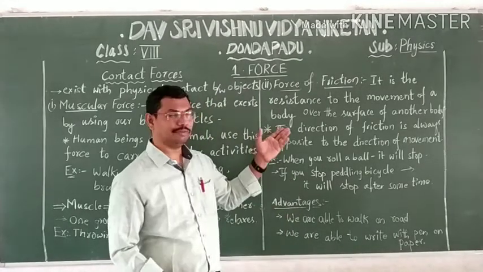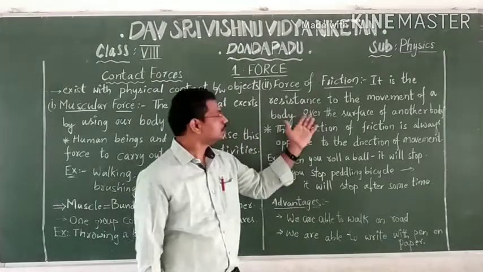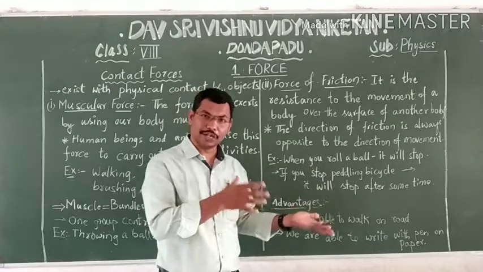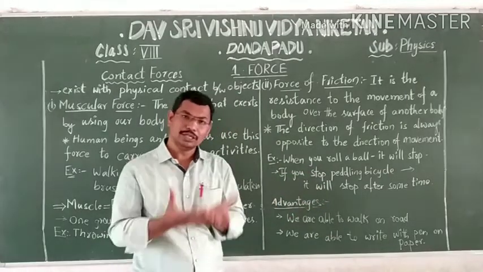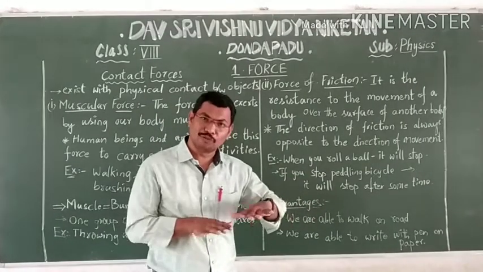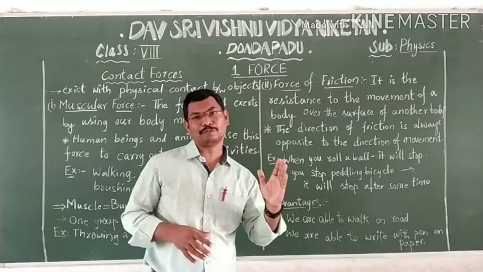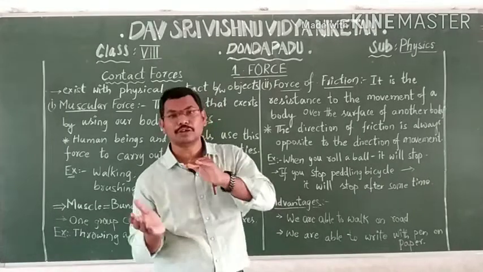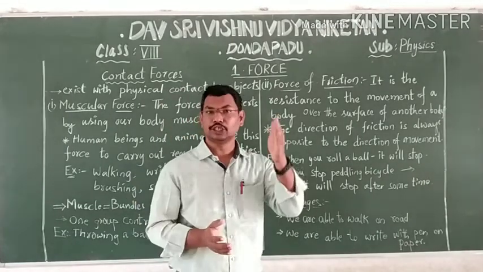So here is the definition: it is the resistance to the movement of a body over the surface of another body. Here the ball is moving on the floor, so the floor applies a resistance force to the movement of the ball, so that after moving some distance it will stop.